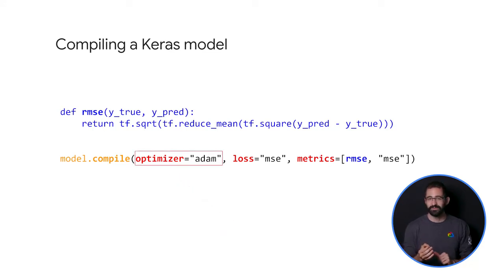In this example, the optimizer that we're using is called Adam. Adam is an optimization algorithm that can be used instead of the classical stochastic gradient descent procedure to update network weights iteratively based on the training data. The algorithm is straightforward to implement, and besides being computationally efficient and having little memory requirements, another advantage of Adam is its invariance to the diagonal rescaling of the gradients.